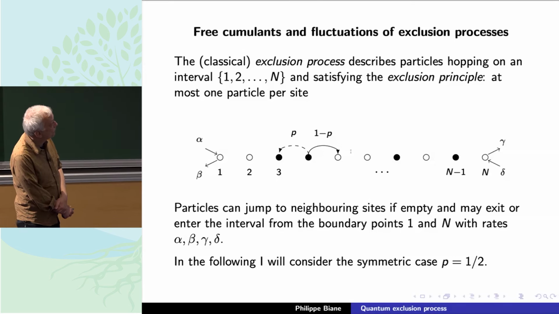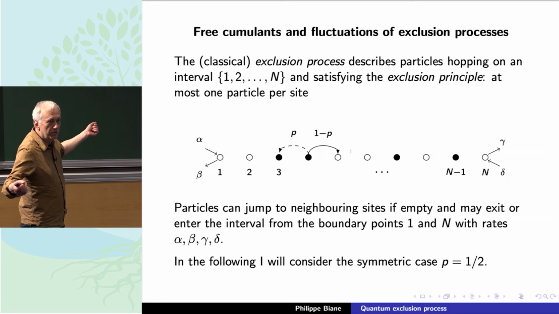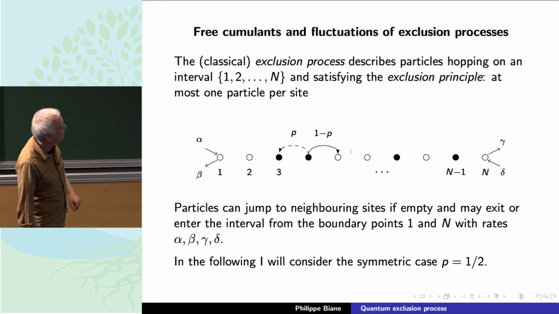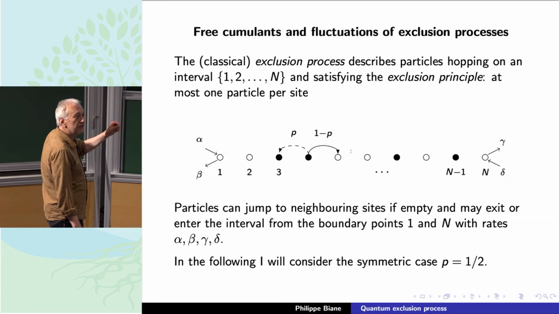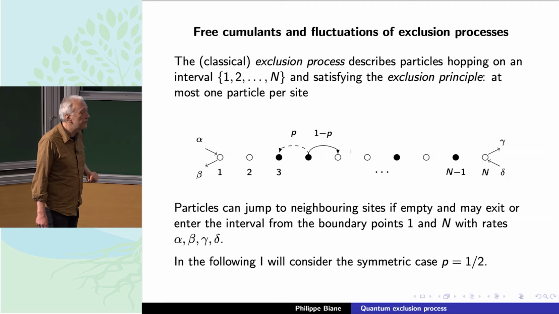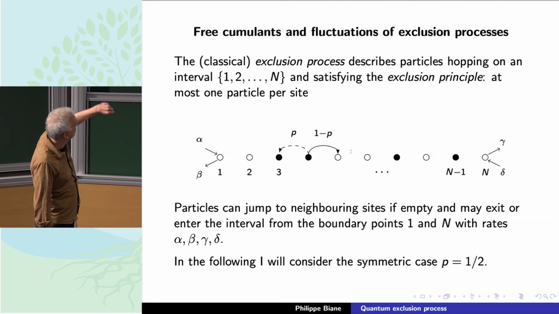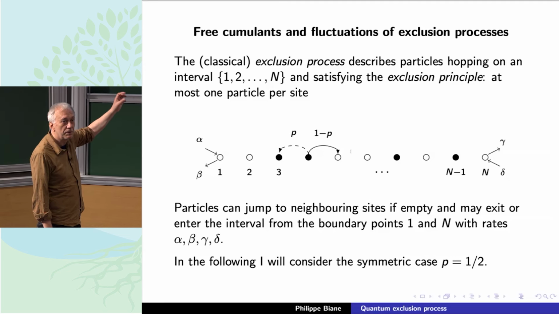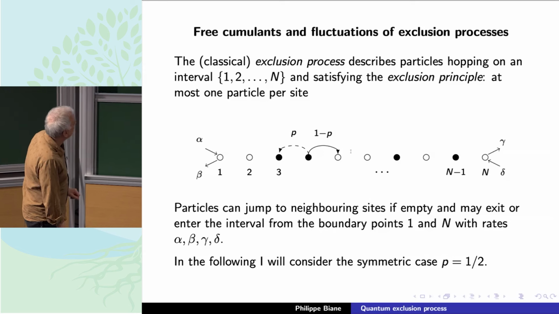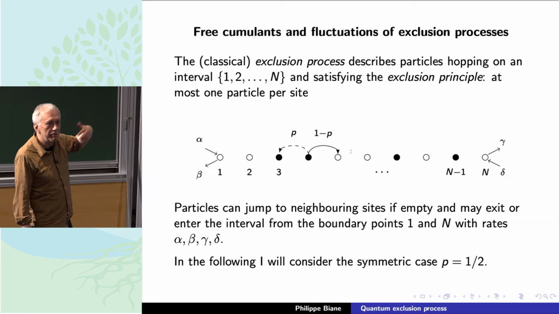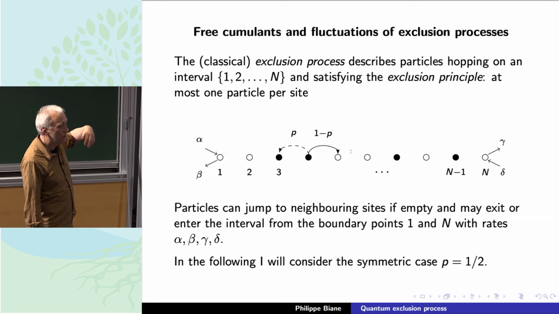So the classical exclusion process is, to describe it, you have a discrete interval with n spots, and at each site of the interval you can have either a particle or no particle at all. Each particle may decide to jump to the left or to the right with some probability, p or 1 minus p.